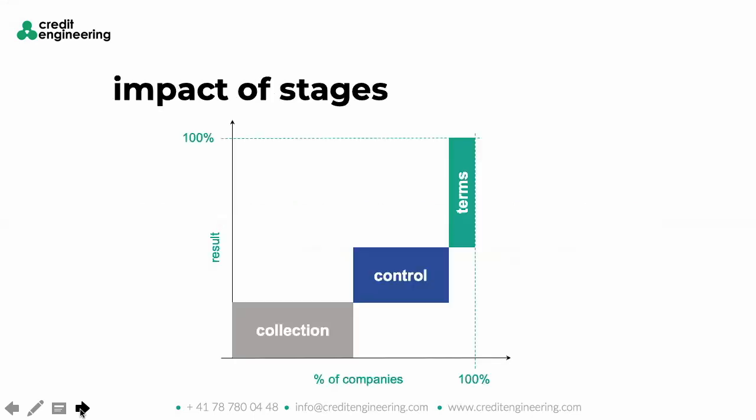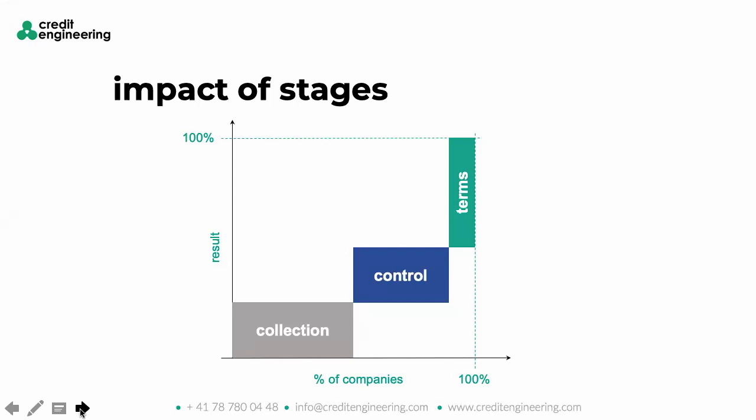First of all, I would like to highlight my observations from the companies. If you look at the horizontal axis, the vast majority of companies put most of their efforts into collection and control, which generate about half of the result. The other half of the result depends on terms.